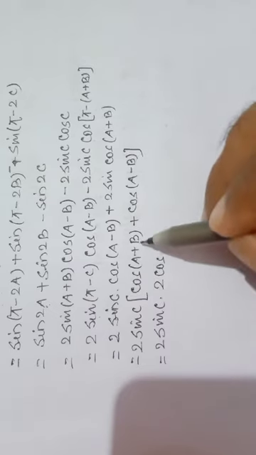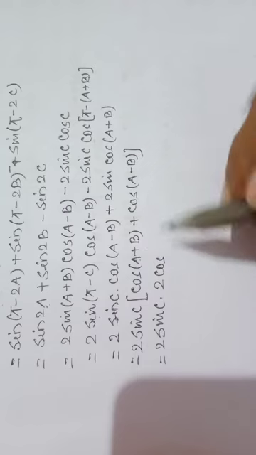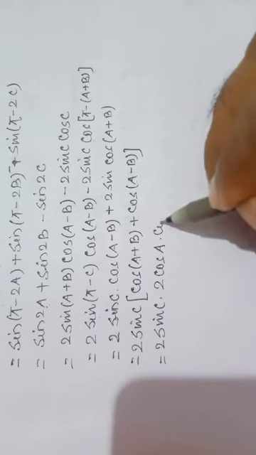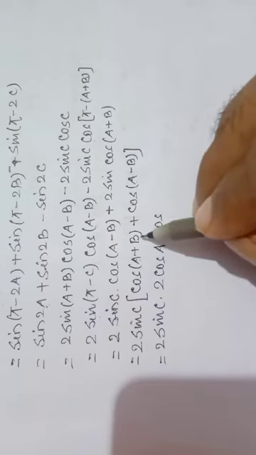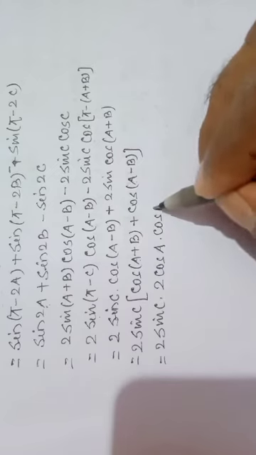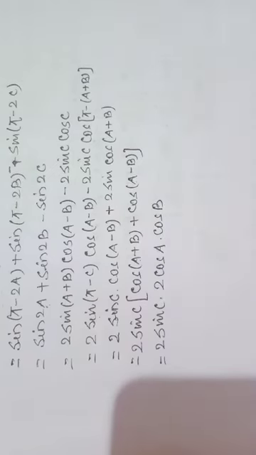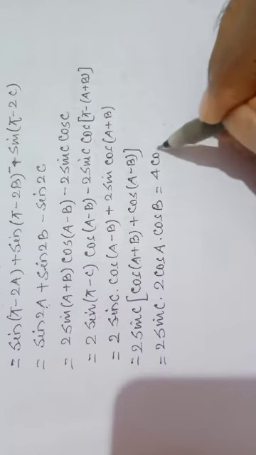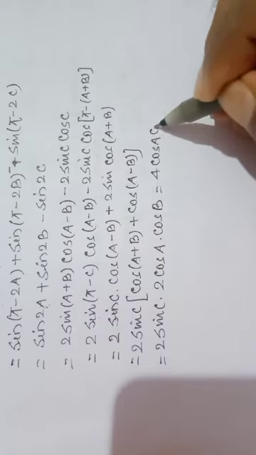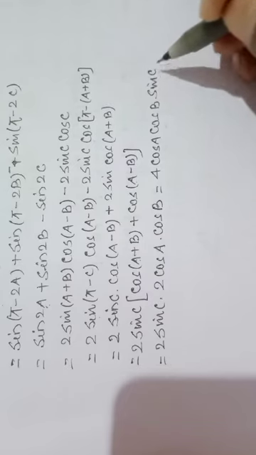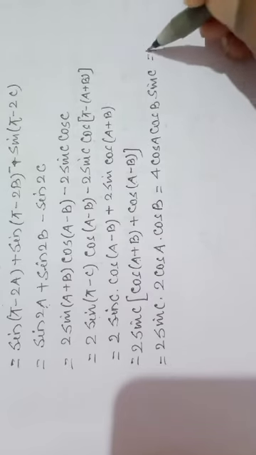B and B should cancel here. 2A by 2 becomes A, into cos((A minus B minus A plus B) by 2), that means B. A should cancel. Now finally multiply these two 2's, which is 4. So it should be 4 cos A into cos B into sin C, which is your RHS, hence the result.